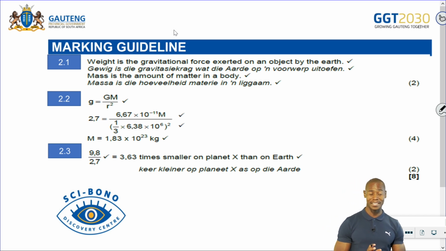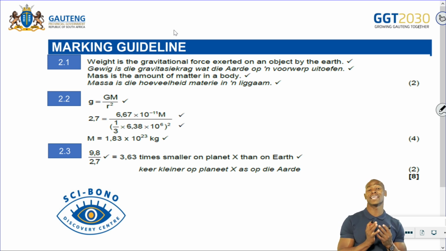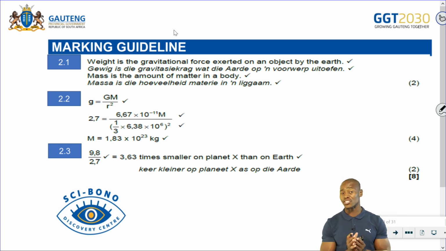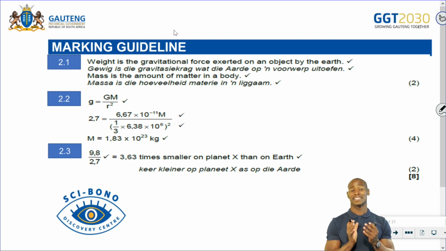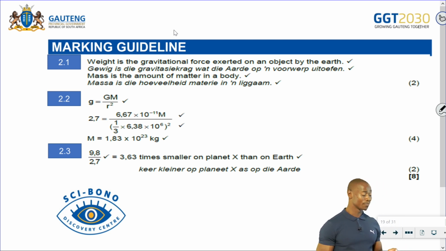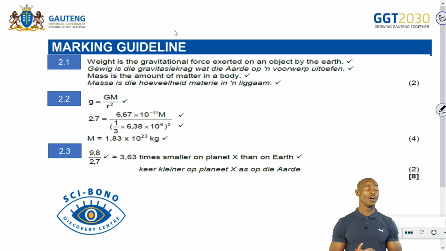But what is important here is that even if, for example, my mass on planet Earth is 80 kilograms, even on planet X, planet Y or planet Mars my mass will remain 80 kilograms. What changes when I move to a different planet is the acceleration due to gravity. So if the acceleration due to gravity changes, obviously my weight will also change. The weight of an object depends on the acceleration due to gravity.